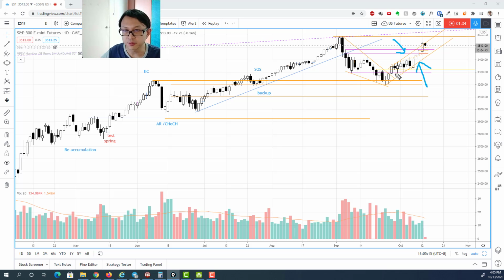Previously, if you remember in my video, I had this little channel here, and I just adjusted my up channel into this channel, using this low from September here. So very obvious, we are entering into another overbought of the up channel.